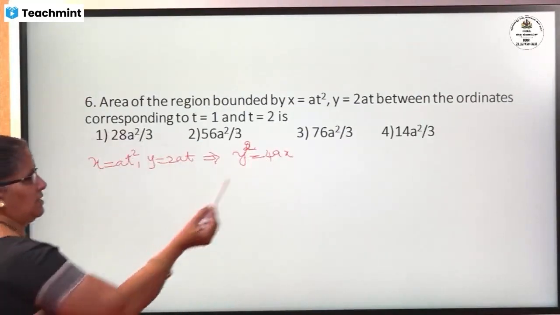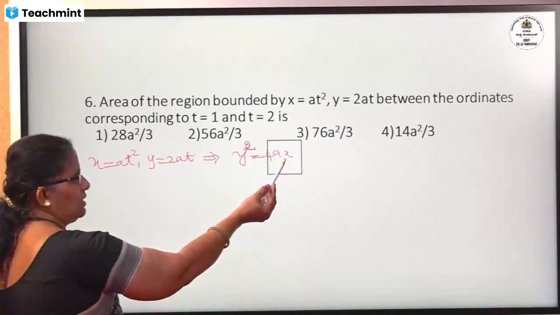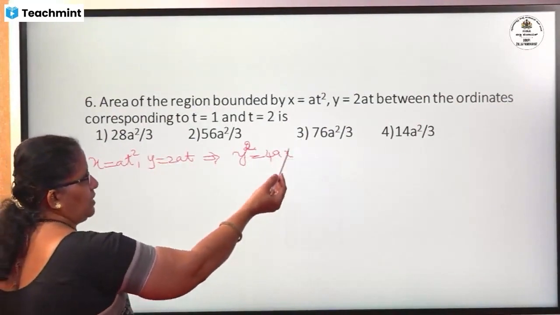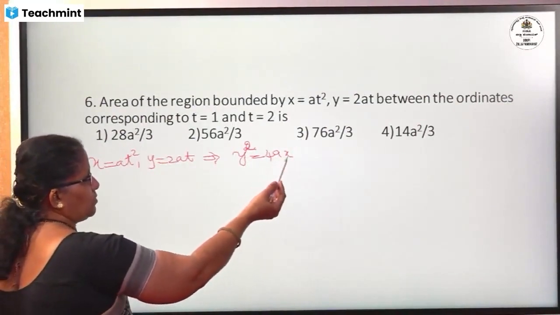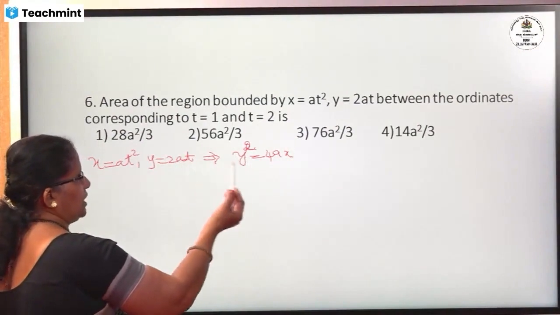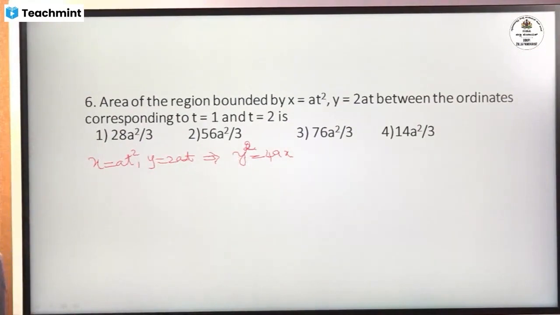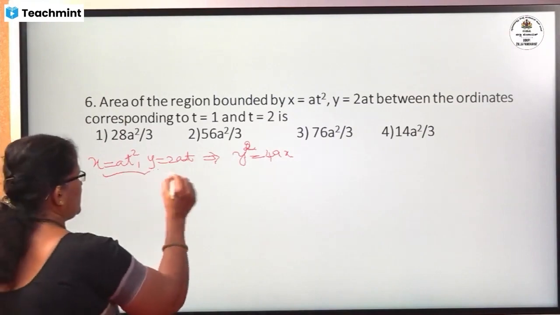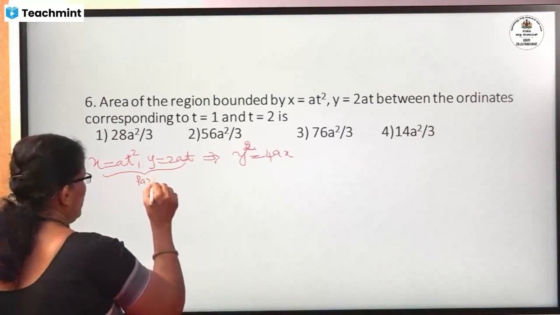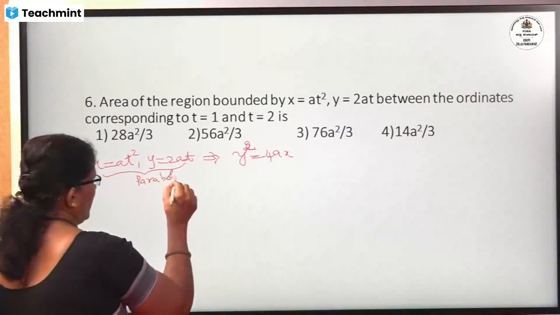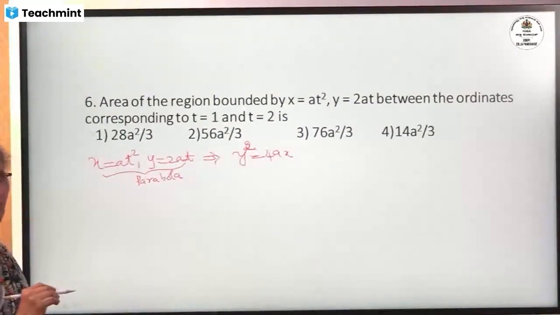Can you see that if I put x equal to at squared, what I get? 4a into at squared, that is 4a squared t squared. This y is 2at, so y squared will also become 4a squared t squared. So x equal to at squared, y equal to 2at always represents a parabola. It is actually the parametric representation of a parabola.